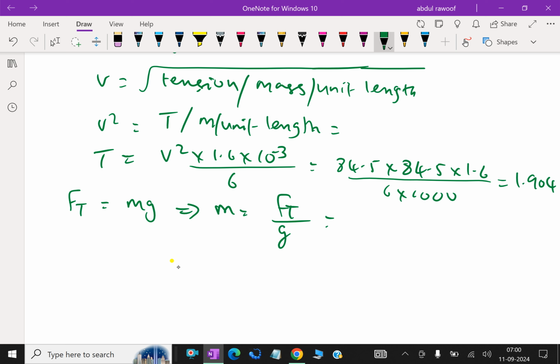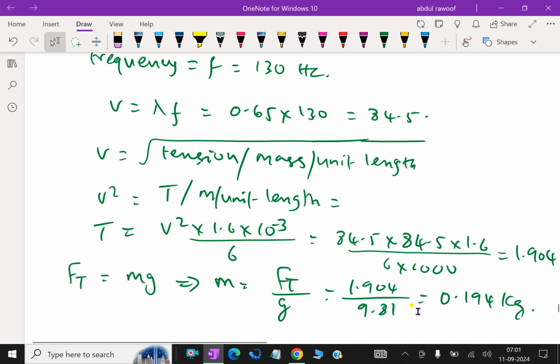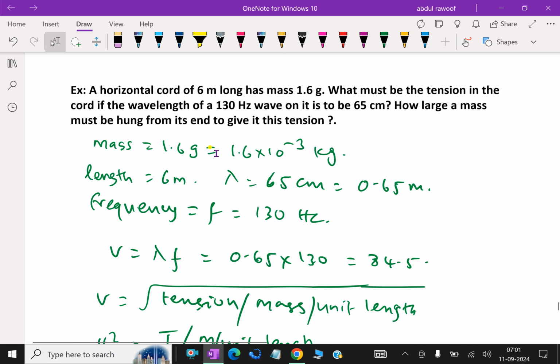Ft is 1.904 over 9.81, which is equal 0.194 kg. That means this 0.194 kg of mass should be hung from the end to give that tension.